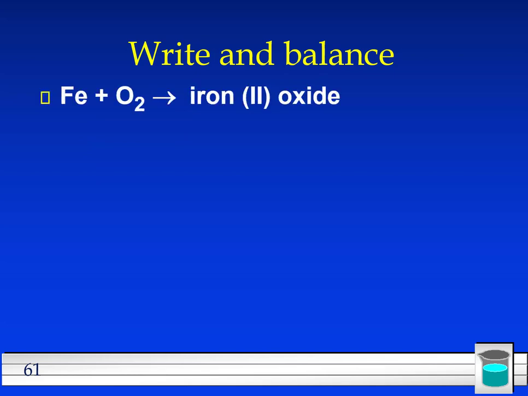Fe and O2. This time I wrote that it made iron 2 oxide. How come I had to tell you what it made this time? Because iron could be a bunch of different. Charge of iron can be different. Sometimes it's 2, sometimes it's 3. So this time it told me it was 2.